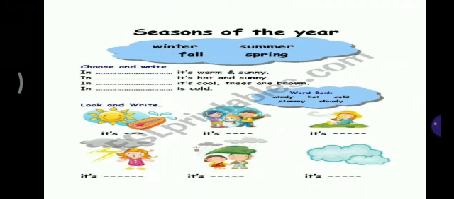Seasons of the year. Now, winter, summer, fall, spring. You must choose and write. Okay? In summer, of course, it is warm and sunny. In spring, it is warm and sunny. Of course, in summer, it's hot and sunny.